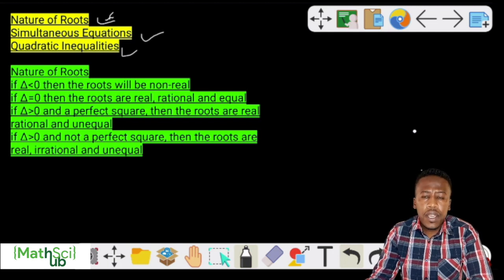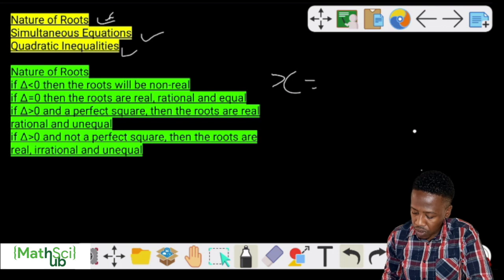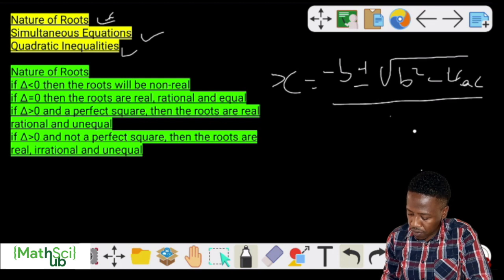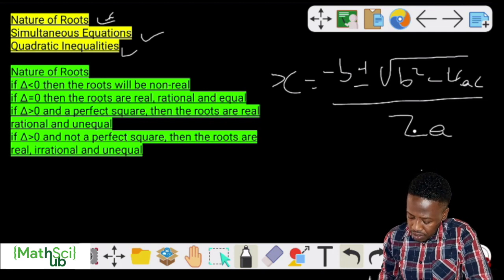Factorizing, completing the square, and if you can't find factors of x, we also used the quadratic formula: x equals minus b plus or minus the square root of b squared minus 4ac, all over 2a.